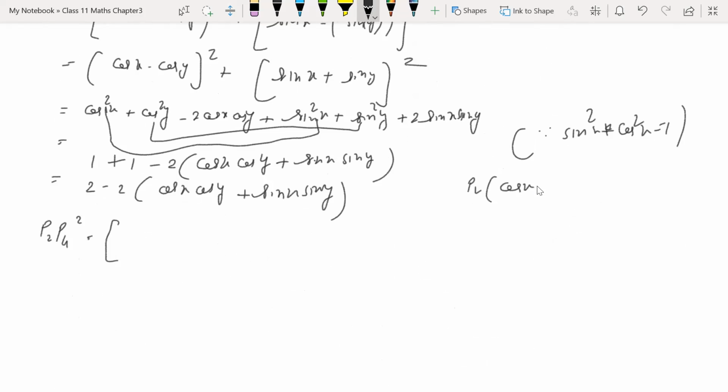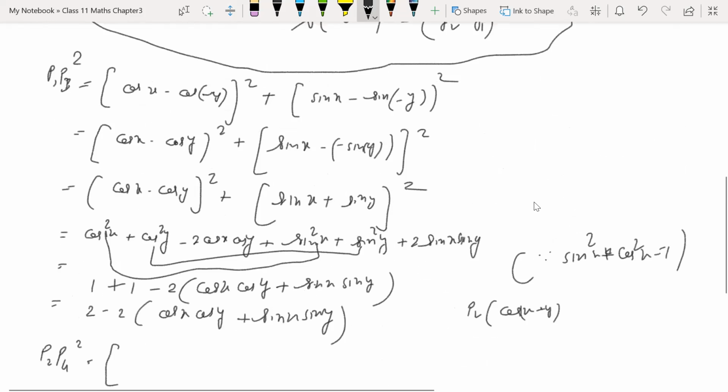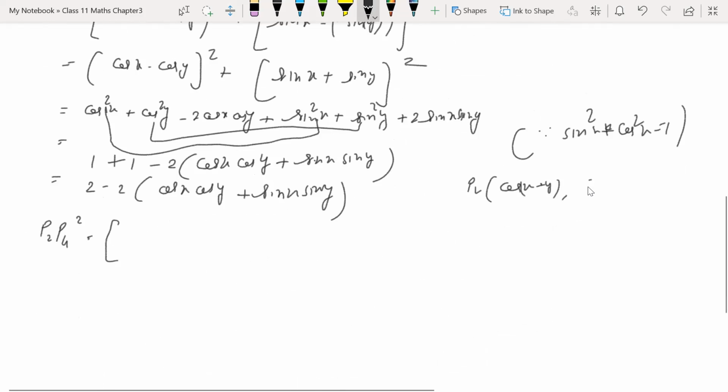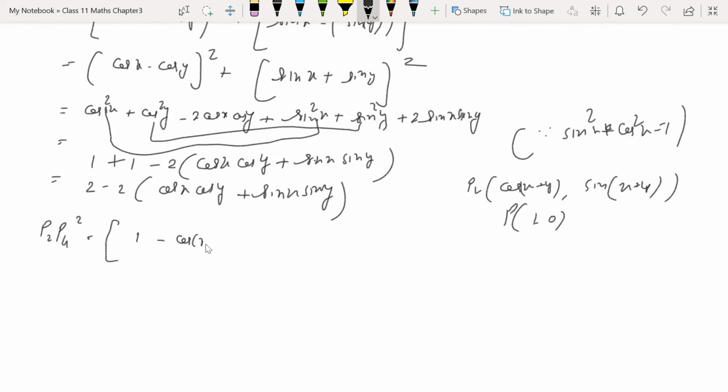P2 is (cos x plus y, sin x plus y), and P4 is (1, 0). So x2 minus x1 means 1 minus cos x plus y whole square, plus 0 minus sin x plus y whole square.